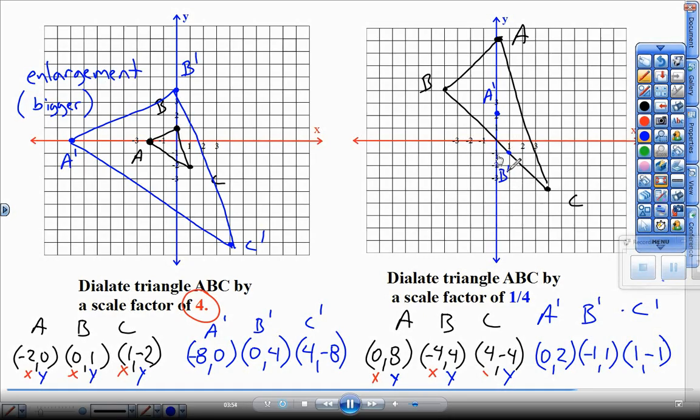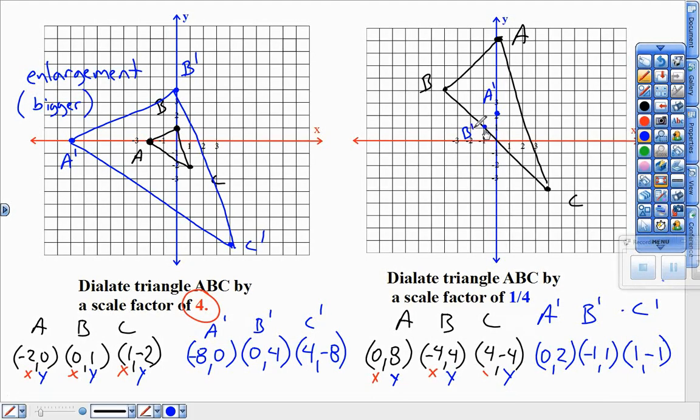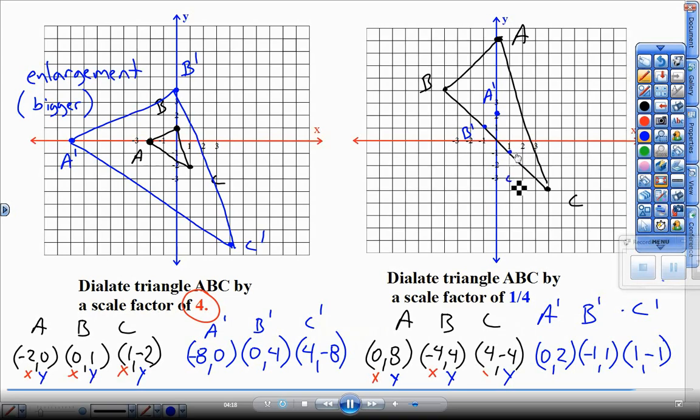I'm going to double check that this is right. B, I'm not 100% sure. You got to really double check your coordinates. Nope, B is really left 1, up 1, so be real careful. And then the new C is over 1, down 1.